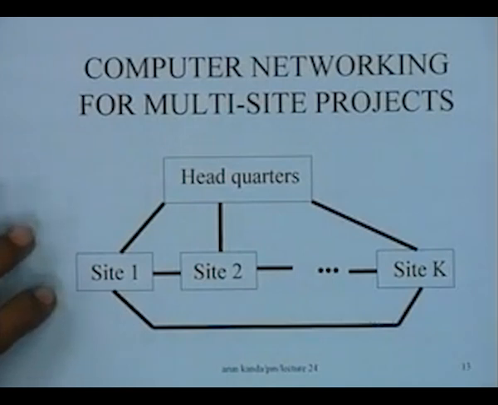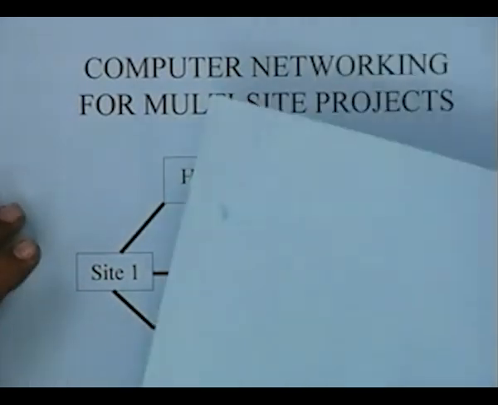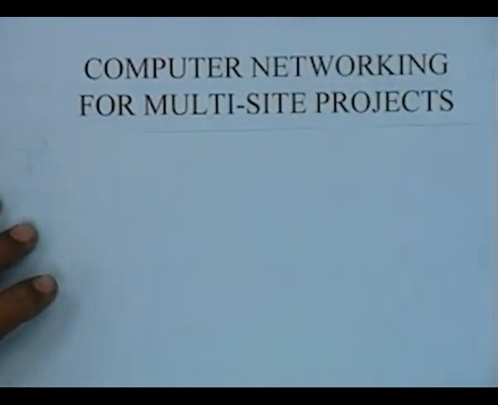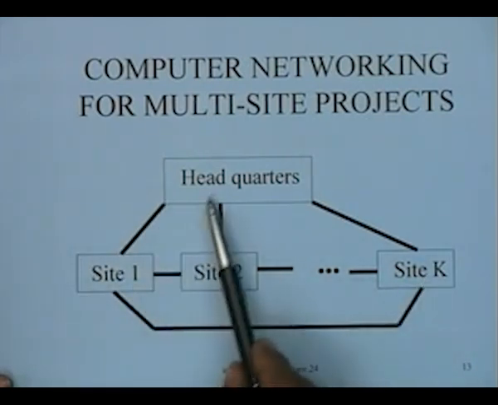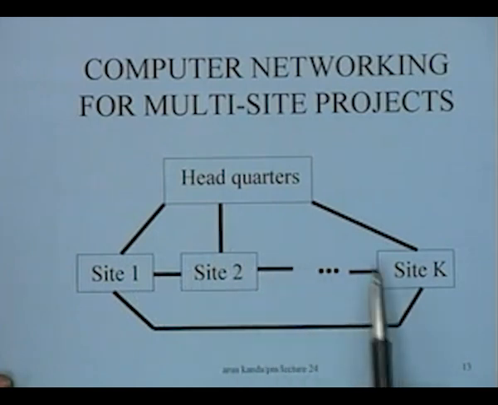Another important recent trend is computer networking for multi-site projects. Most projects are invariably done at different sites: first site, second site, and site K. Because of computer networking, all these sites are connected on a computer network.